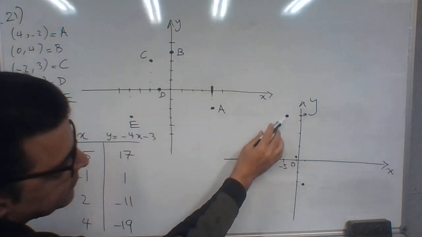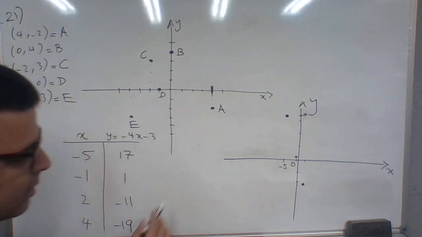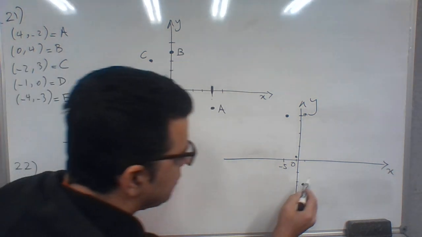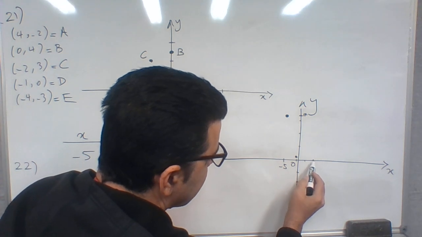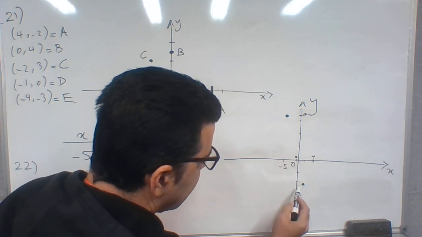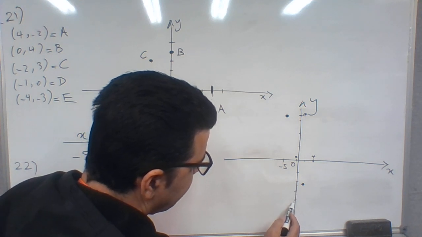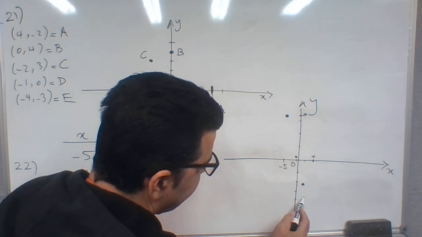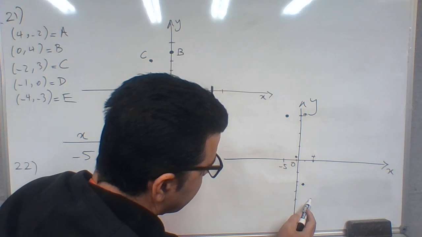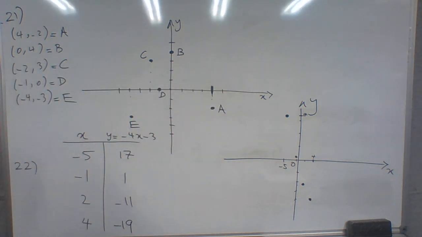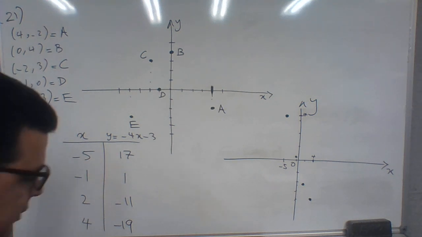By now we have these on the line. And then 4 and negative 19. So 4 here and negative 19. So 5, 10, 15, 20, 19. So 4 here. Okay, we got 4 points. We want now to draw the line.